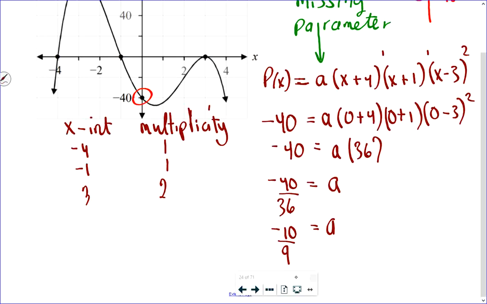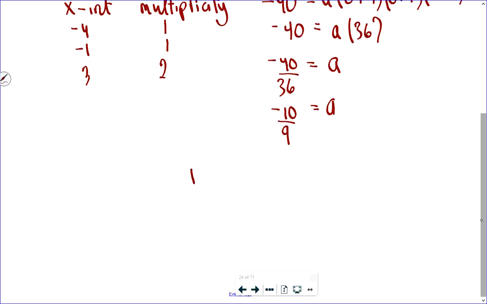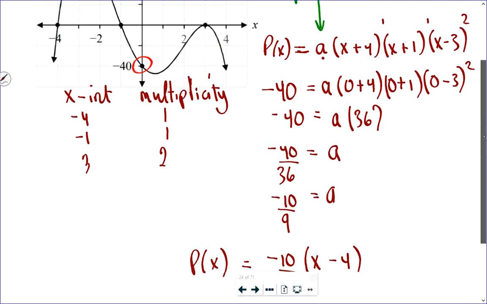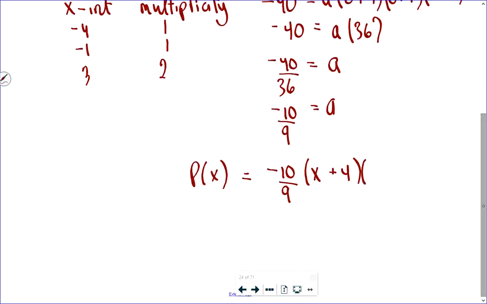Bottom line is now we have to take that negative 10/9 and throw it back up in here where we had A. And we will have then P of X or Y is equal to negative 10/9 times X plus 4, X plus 1, X minus 3 quantity squared. So that's the equation of the polynomial function.